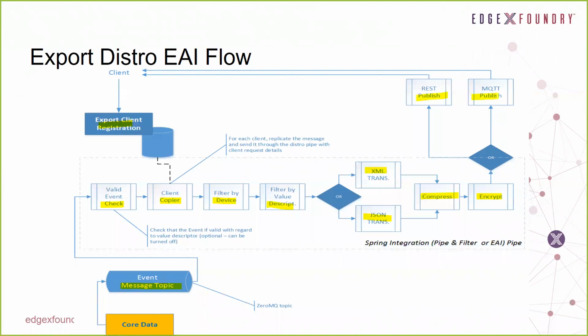Again, REST or MQTT or 0MQ. So this is what really describes that pipe and filter architecture. We essentially have one big long pipe and lots of little nodes on the way that help filter and transform and deal with the data as it works its way towards the actual client.